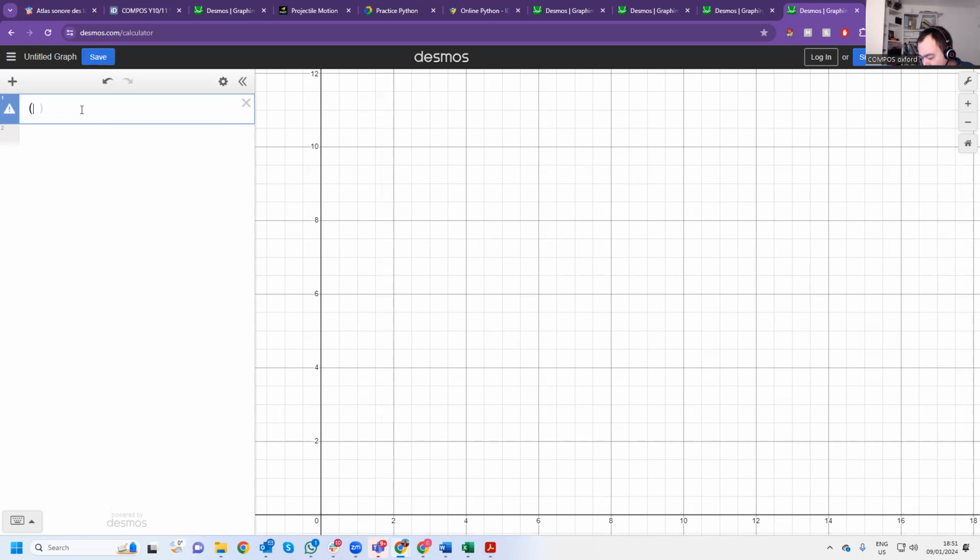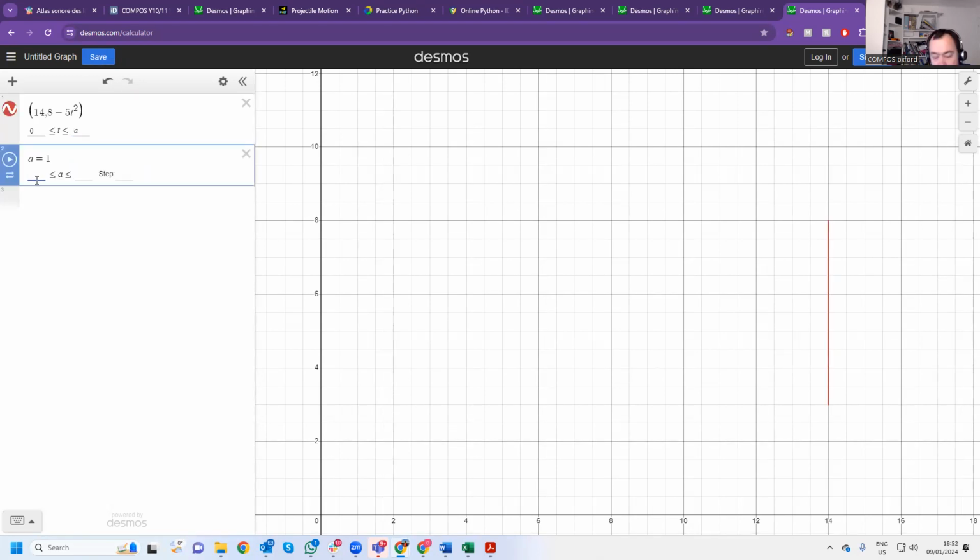So at position 14, 8 minus 5t squared, with t from 0 to 4, with a step of 0.2.